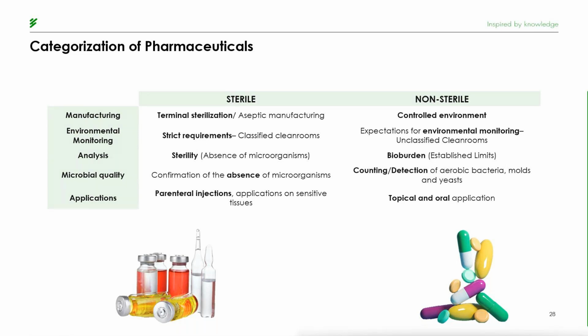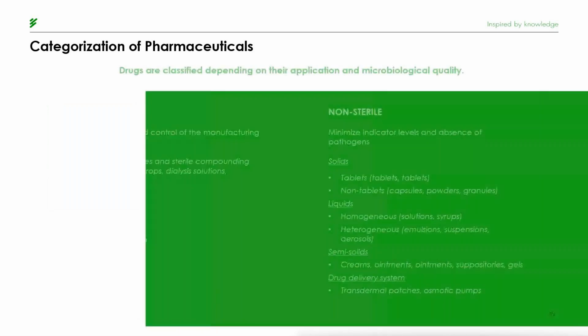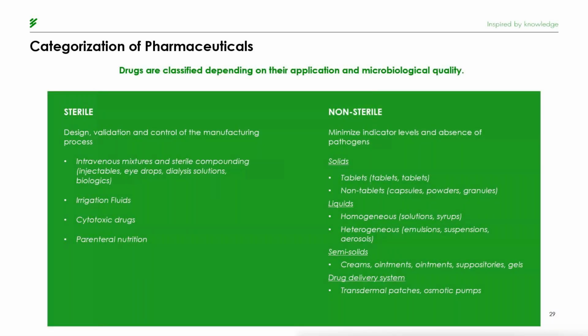So, let's look at examples for each type of product. We have here for sterile ones, such as injections, of course, the most common one. Also eye drops, irrigation fluids, cytotoxic medications, and parenteral nutrition.